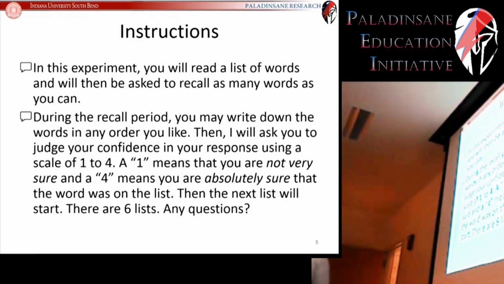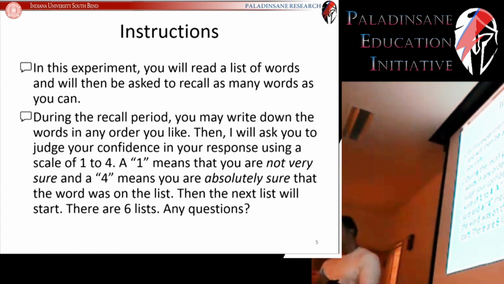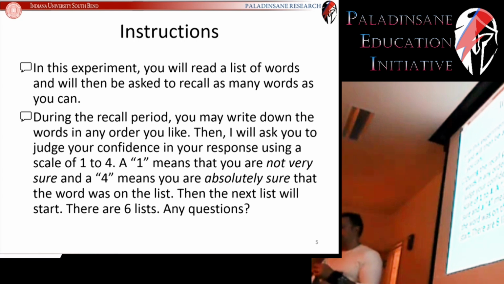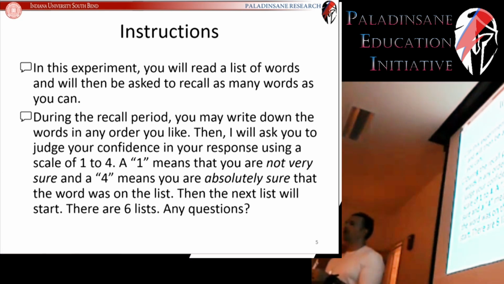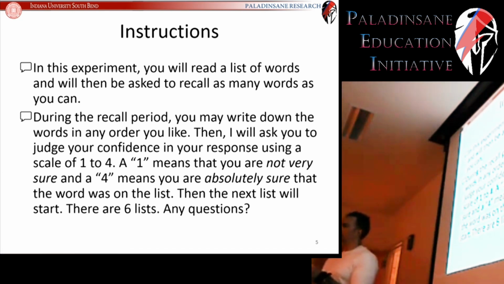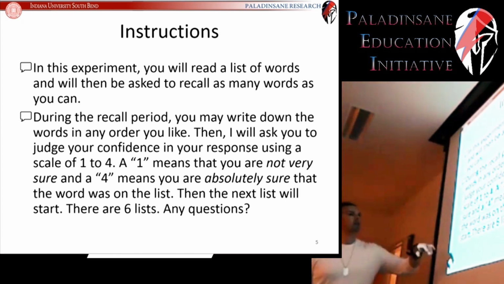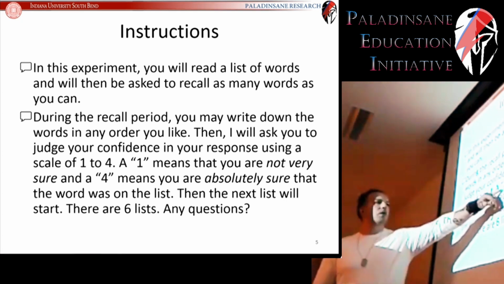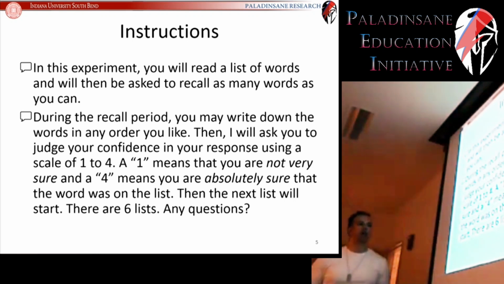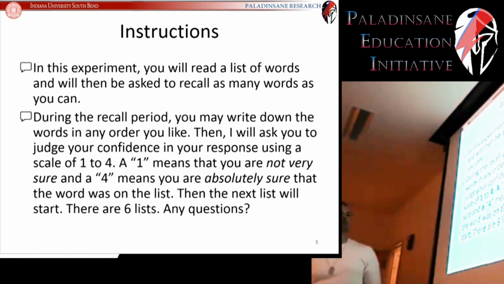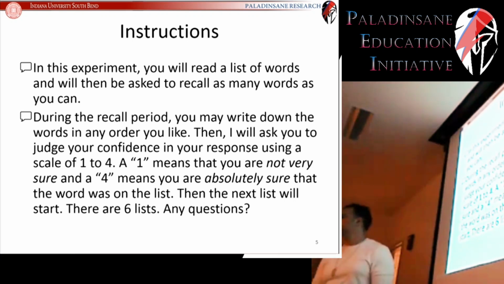During that recall period, I will also ask you to judge your confidence in your response using a scale of 1 to 4. You'll notice beside where you write your words, there's another column that says confidence 1 through 4. For each word, you're going to rate how confident you were that the word was on the list. A 1 means that you are not very sure, and a 4 means that you're absolutely sure that the word was on the list.